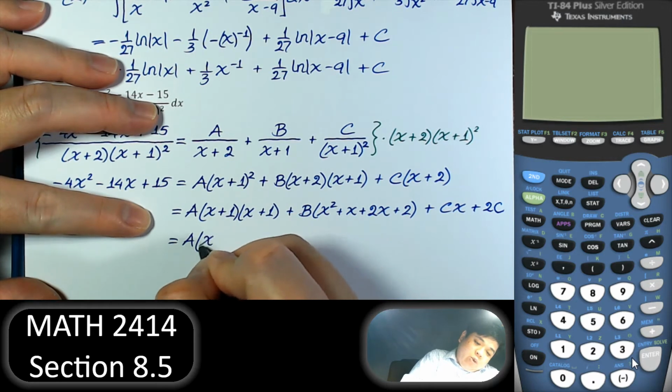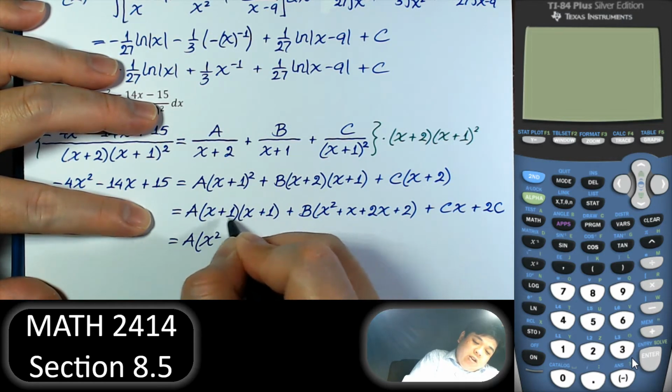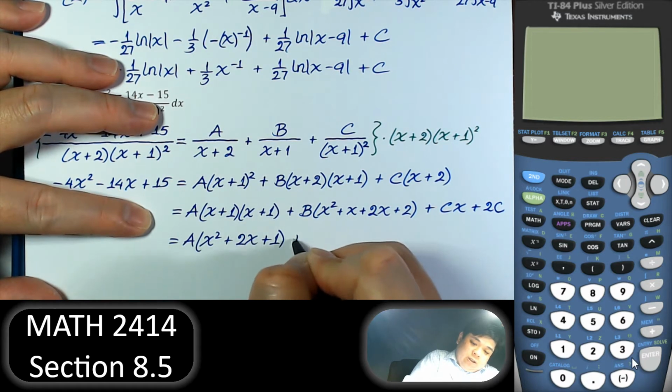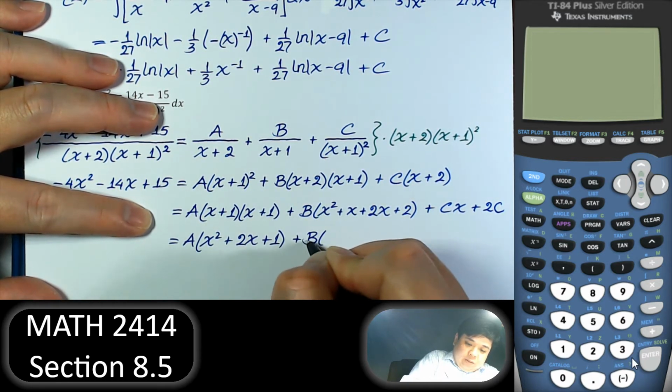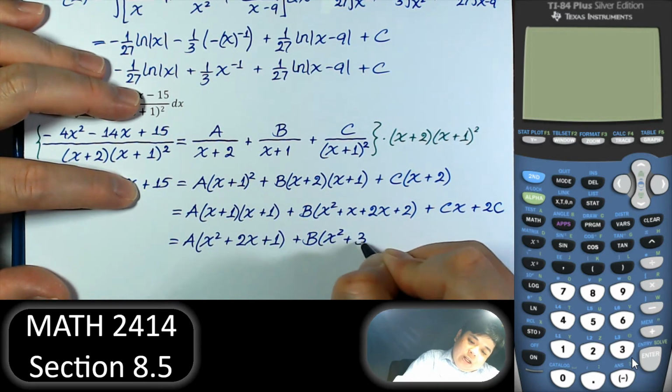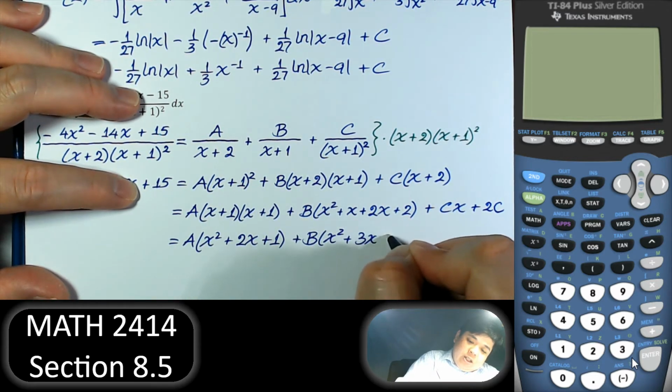Multiply this out, x squared plus x plus another x plus 1. So x squared plus 3x plus 2.